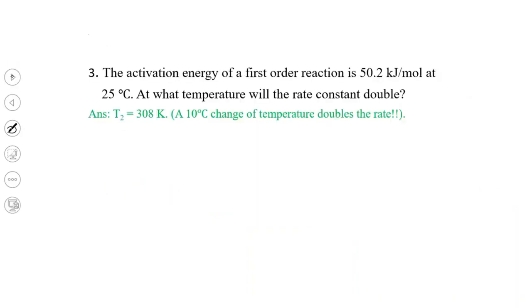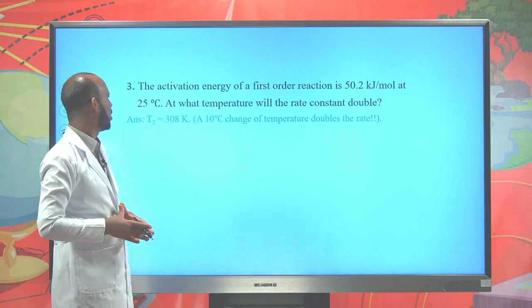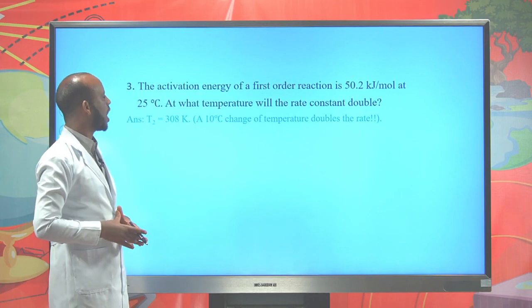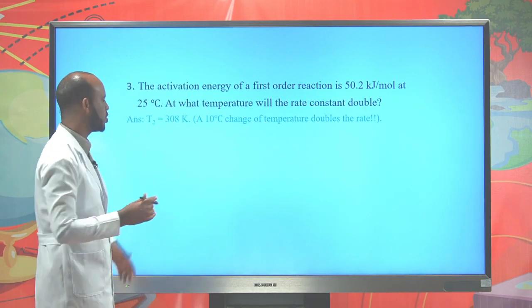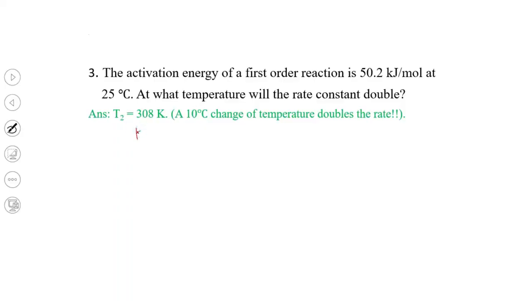3. The activation energy of a first order reaction is given. Activation energy is given at 25 degrees centigrade. At what temperature will the rate constant double? At what temperature does K2 become 2 times K1?